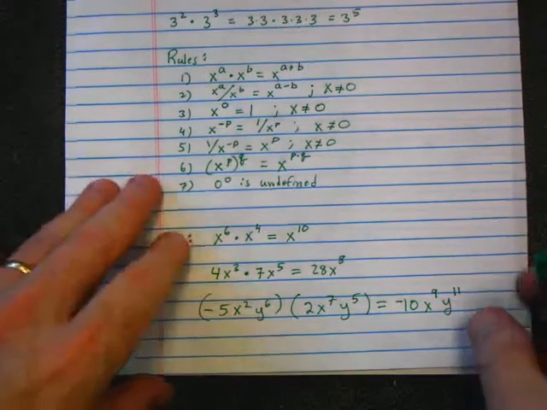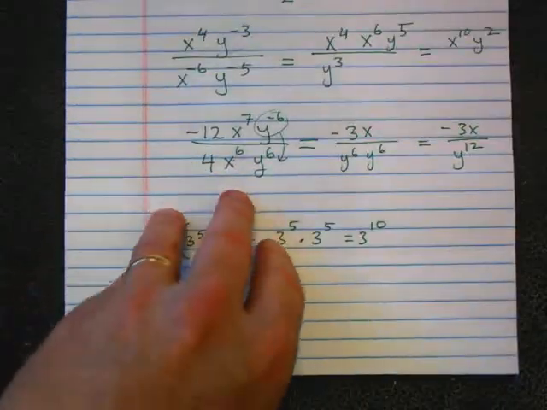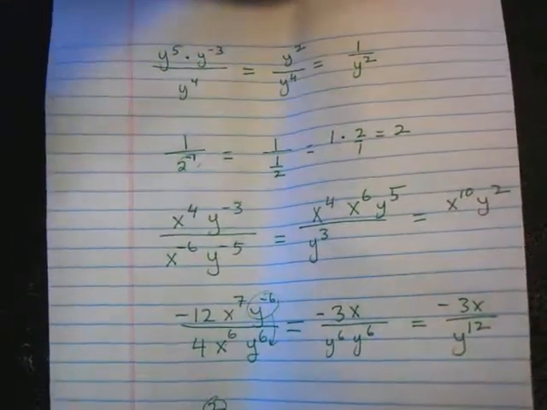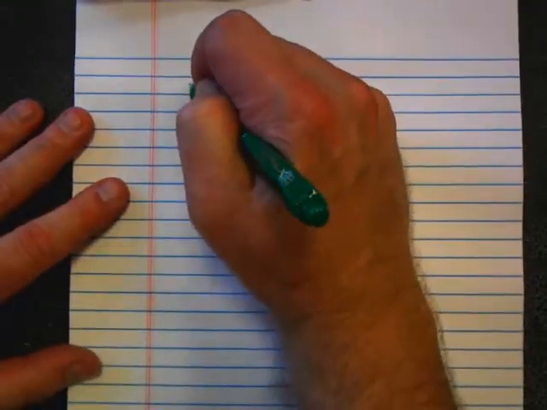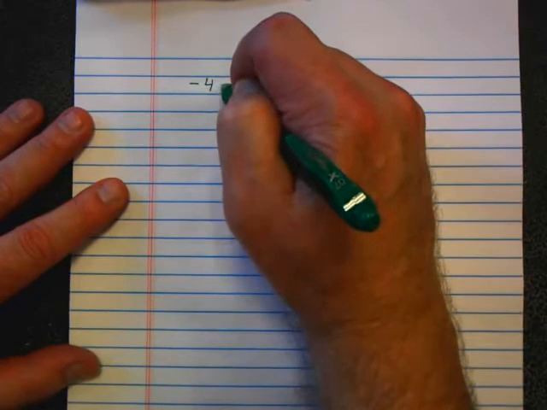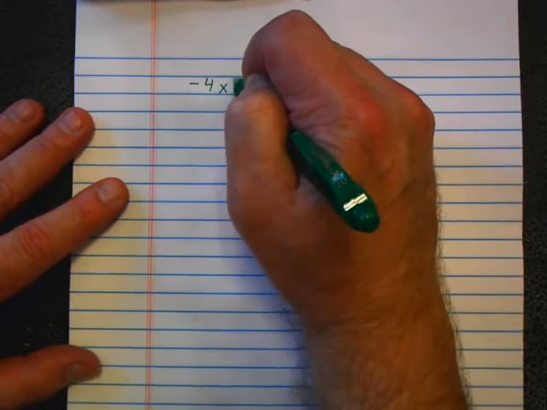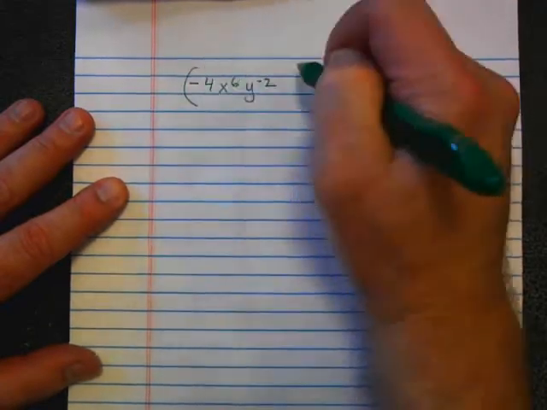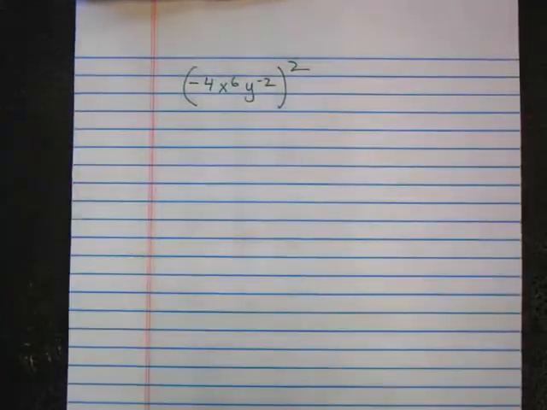All right. So that last rule, the next to the last rule. All right. So we have something like this: negative 4 x to the 6 y to the negative 2, whole thing squared.